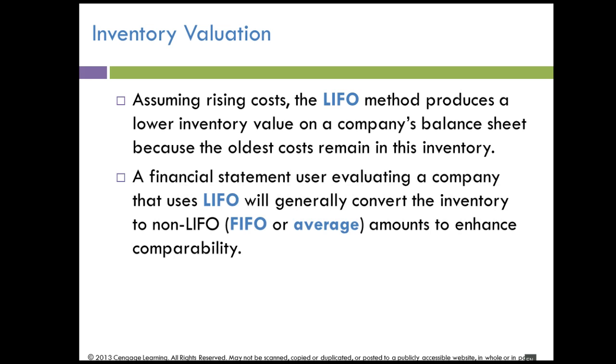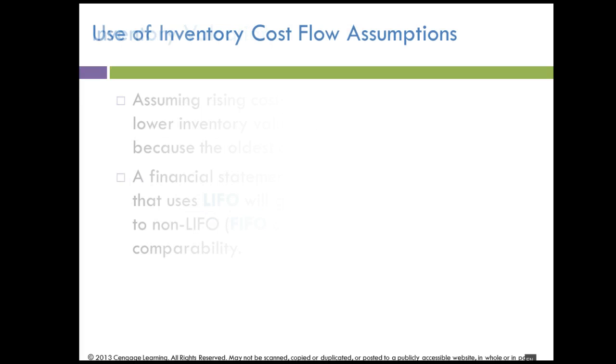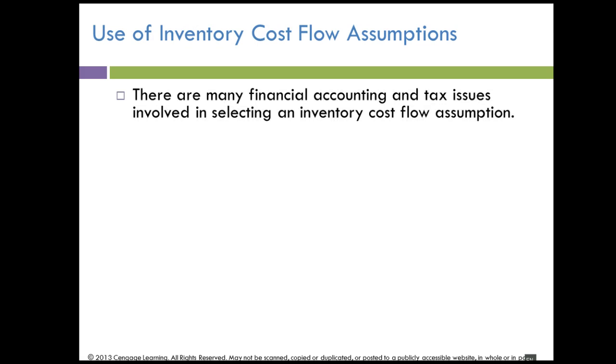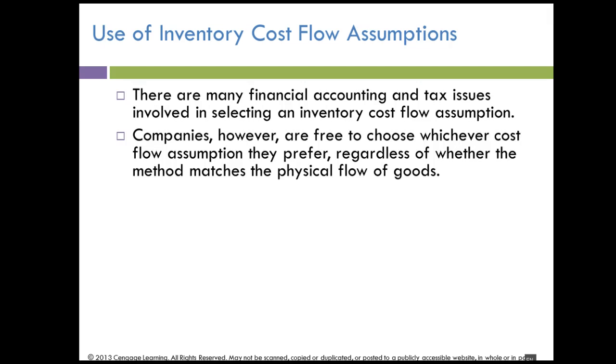Okay, so we know that when we're dealing with LIFO and we're dealing with rising prices, the ending inventory will show a lower amount than using the FIFO method. They need to continue using the same method so we can compare one period to the next period.